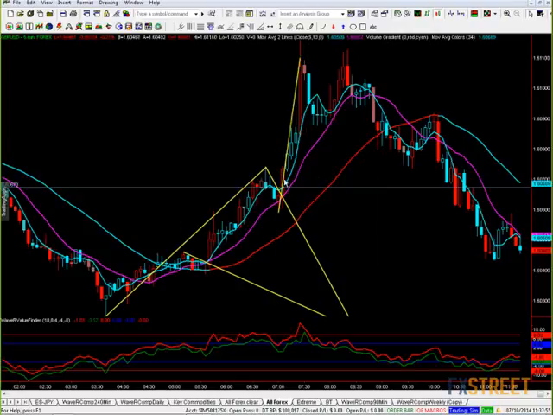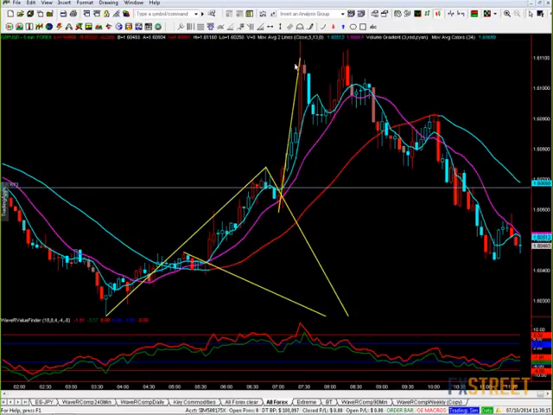It's an A, B, C move, and the vertical distance of the C move is just about the same as the vertical distance of the A move. In time, it was done in a lot less time. But there we are, we've got one of those A, B, C moves.